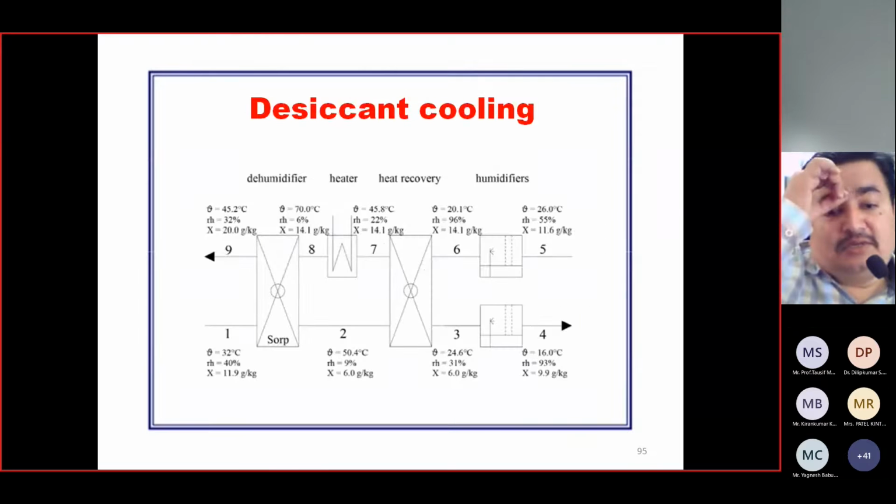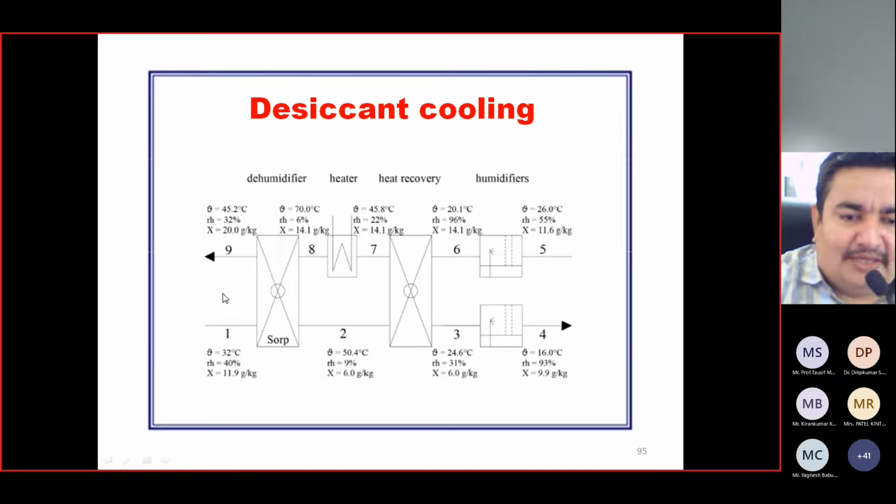So this is an example with which you can judge how much temperature is available at the different state points in the cycle. Suppose we take an example, initially we have a temperature of 32 and humidity of 40.